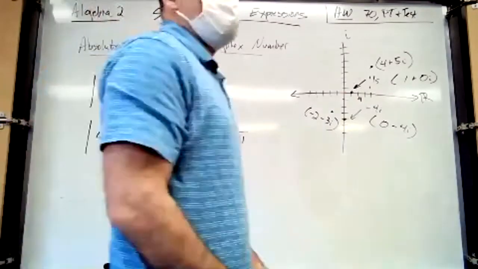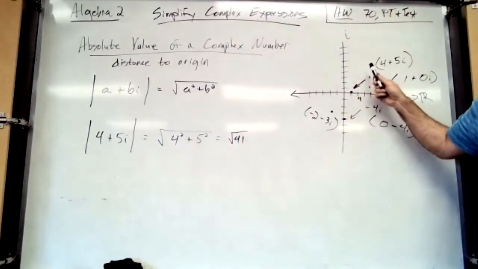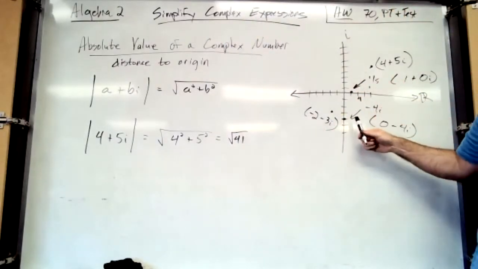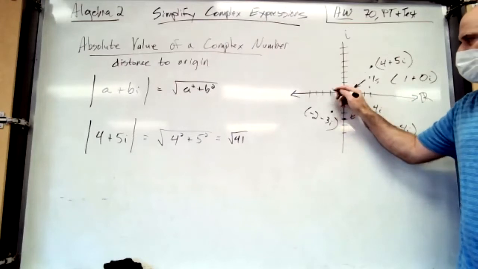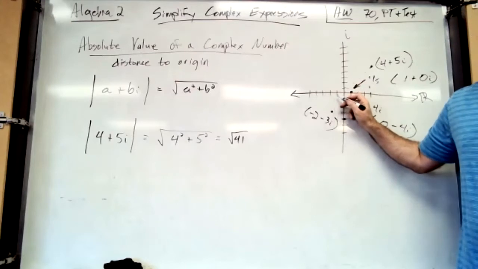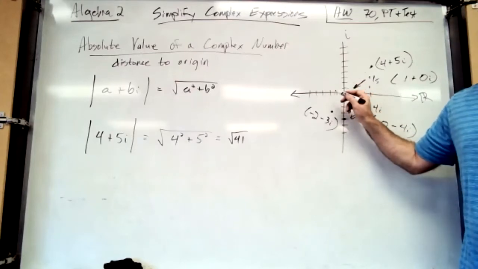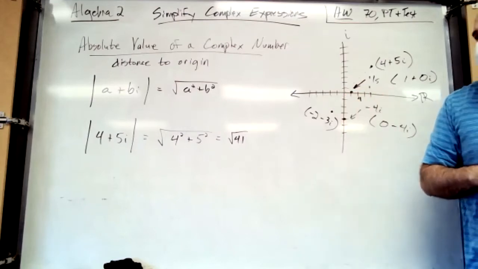Okay? If you forget this, that's okay, because you can just use the Pythagorean theorem to work out that distance. So over here, you can draw a cute little triangle. So that's a 2 by 3 triangle. To figure out that distance, that hypotenuse of that triangle, just use the Pythagorean theorem, okay?